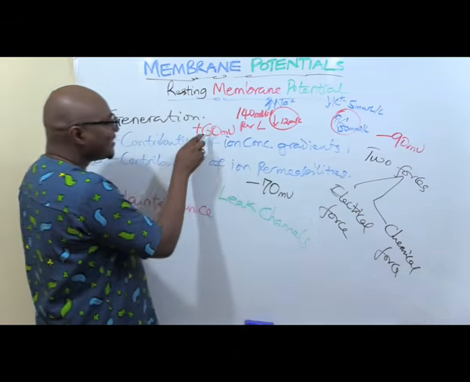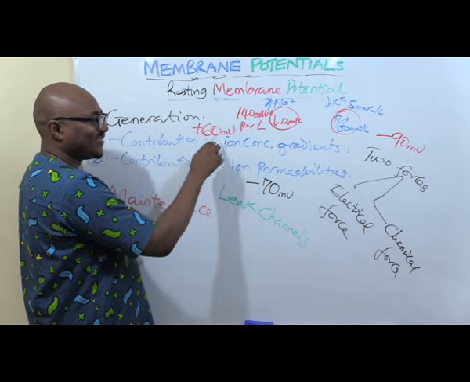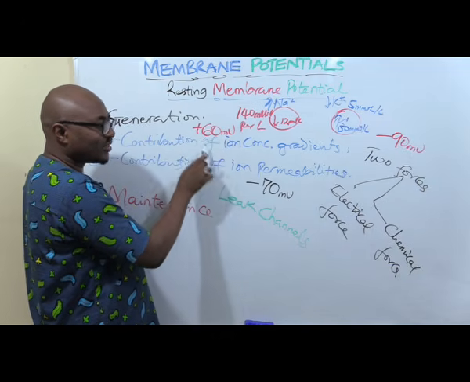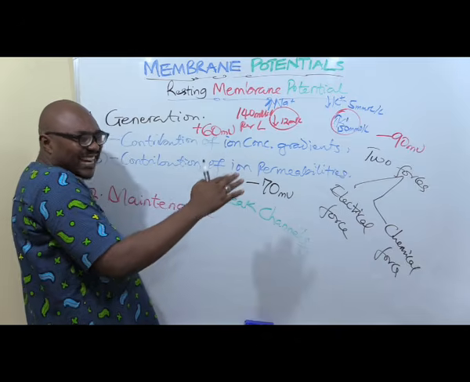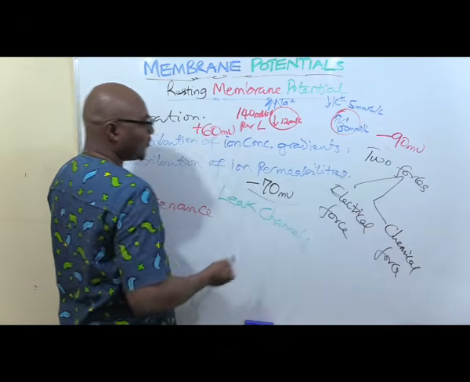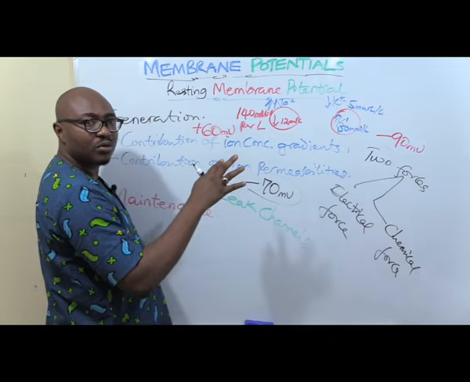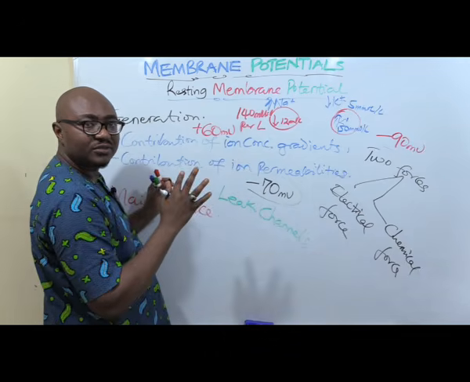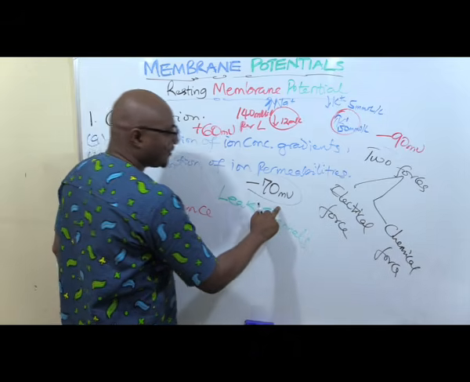You see that this positivity, plus 60 of sodium, is what diluted it from minus 90 to minus 70. But because potassium is far more, that's the leak channels, that's why it is closer.